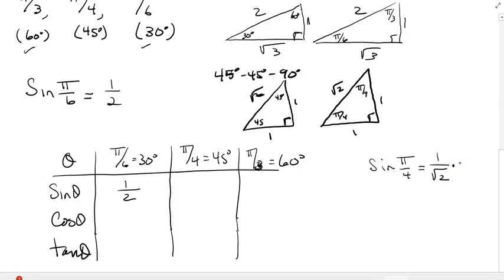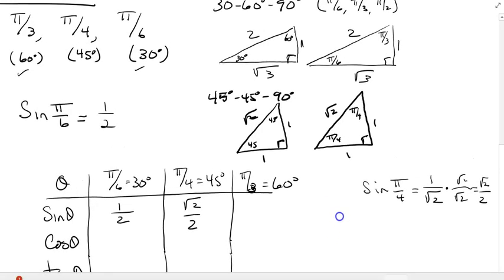We are going to rationalize these radicals. So how do I do that? Well, I've got to multiply by radical 2 over radical 2, so it actually becomes radical 2 over 2. And then sine of 60, or sine of pi over 3. Well, to get that one, I have to come up here, right?